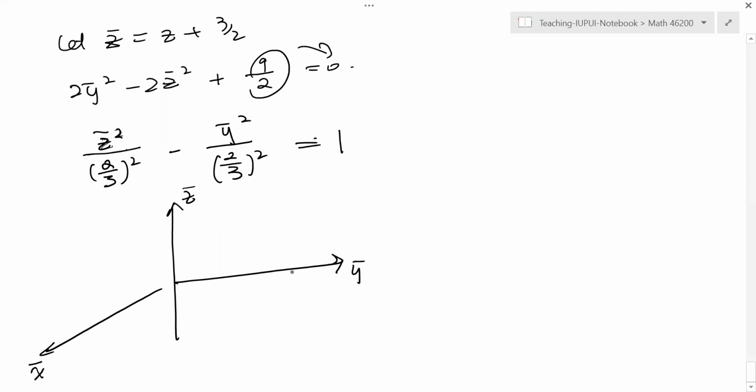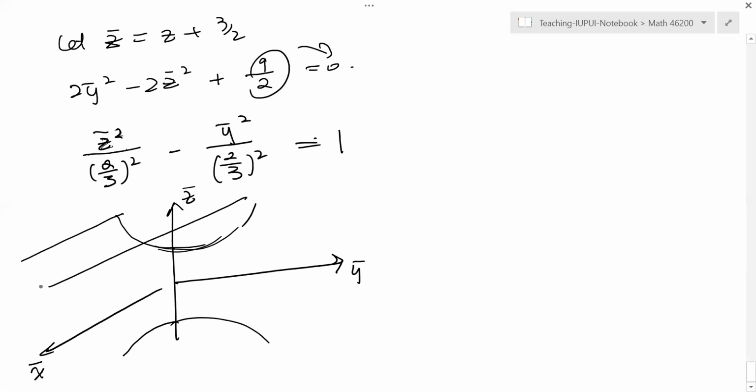And when y equals 0, this hyperbola looks like that. Okay. It does not intersect with the y axis. And then there's no restriction on the x, so the graph looks like that.